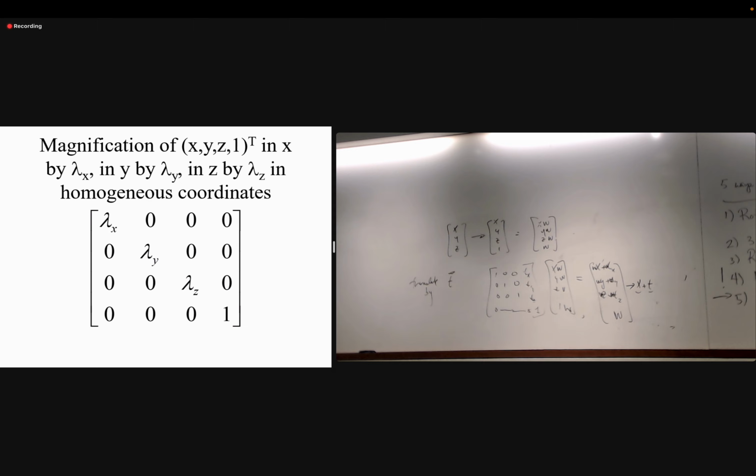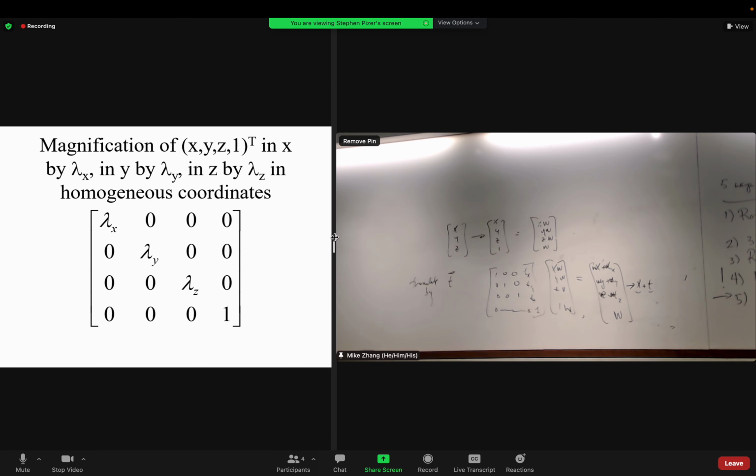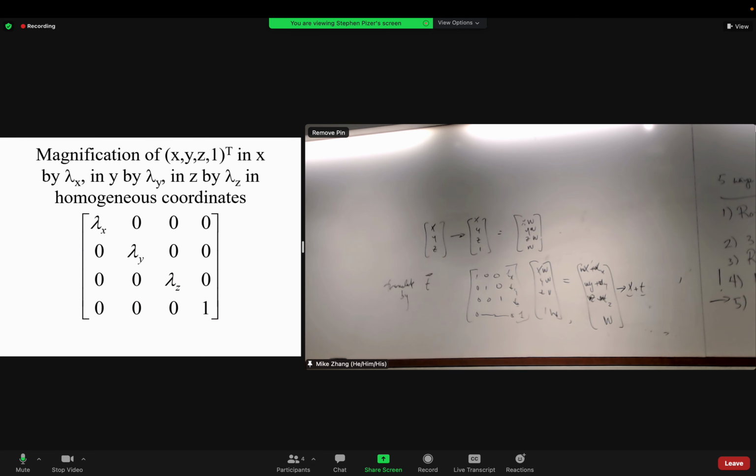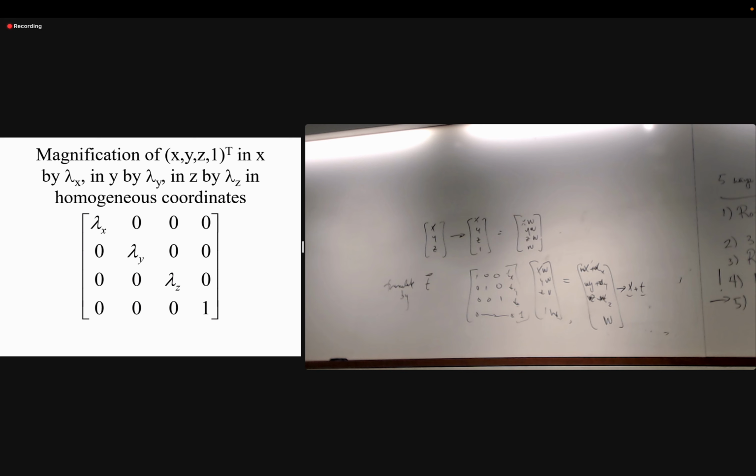Well, if you want to multiply the whole business by A, what should lambda x be? A. It should expand the x direction by A. What should you expand the y direction by? A. What should you expand the z direction by? A. Okay, so you're going to have A, 1.